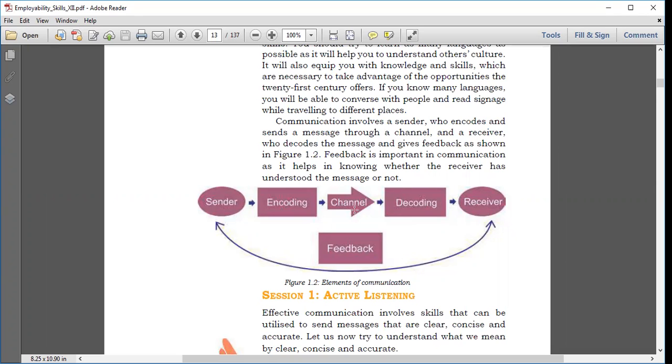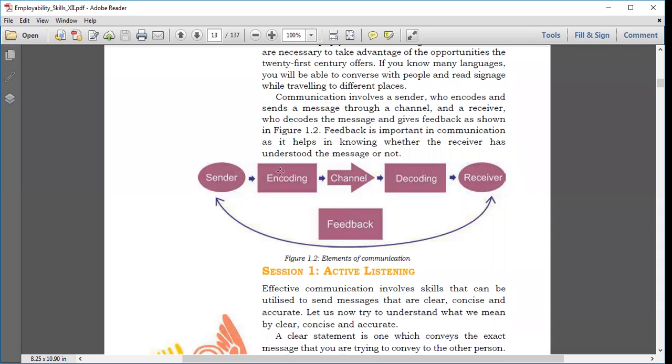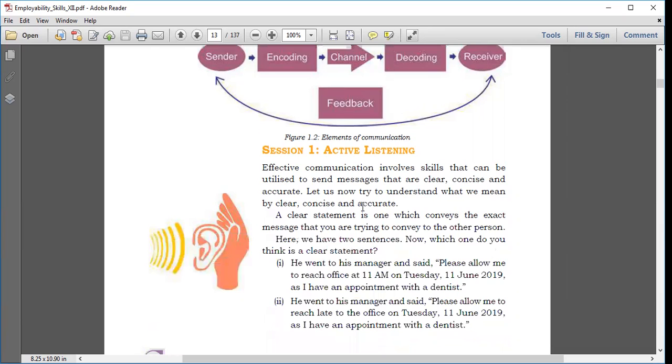Encoding is done, channel is being used, and at the end decoding is used, right? So feedback is the answer or the reply for the message that was sent by the sender, right? So this is the whole process, and these are called elements of communication.